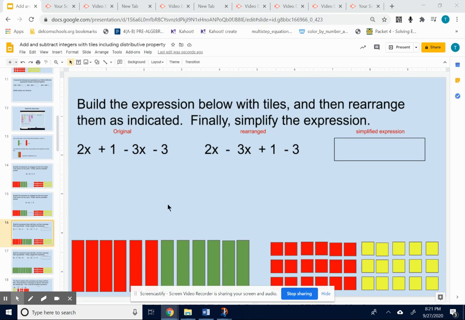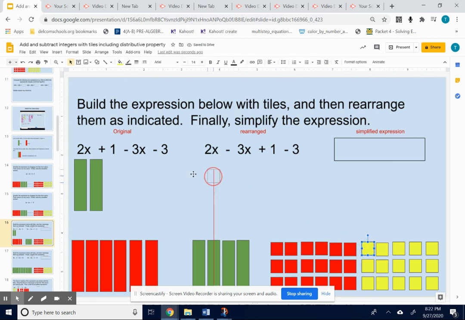Okay, 2x plus 1. Okay, 2x is 2 green rectangles. Okay, plus 1, that would be a yellow square. Okay, then we have negative 3x because minus 3x is the same as a negative 3x combined.